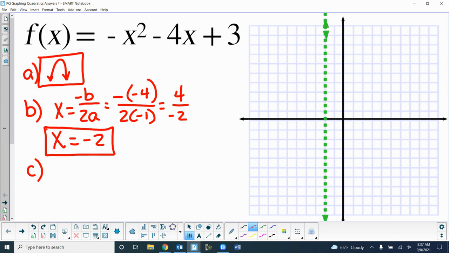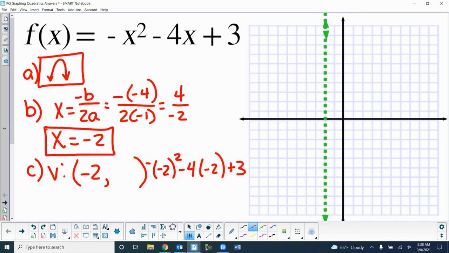C is my vertex. I already have the x value of the vertex. I need to find the y value of the vertex. Whatever I get for that axis of symmetry is the x value for my vertex. And I just substitute in then. -2 squared minus 4 times -2 plus 3.